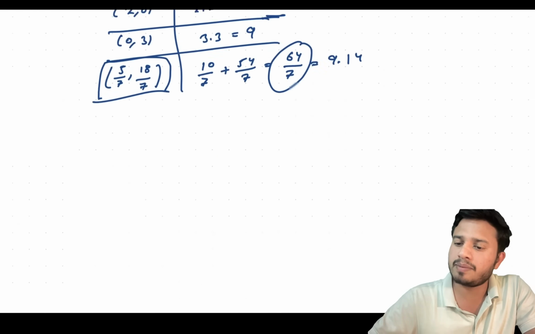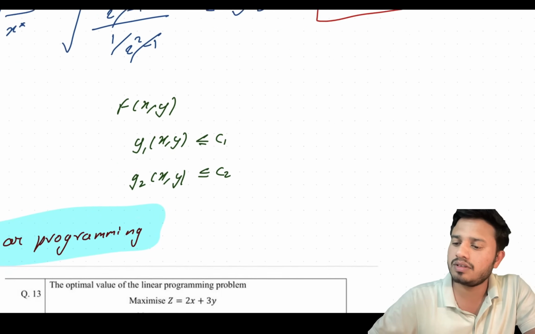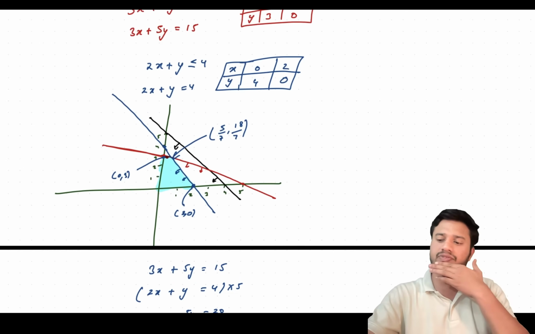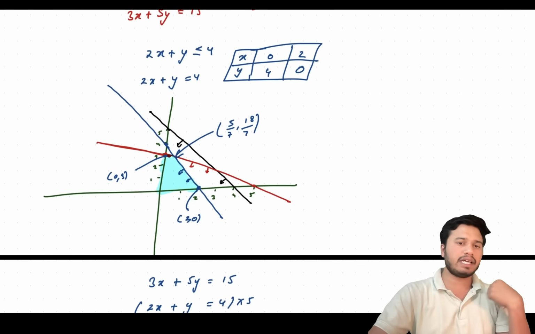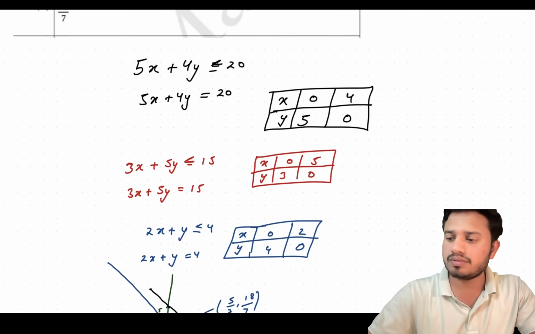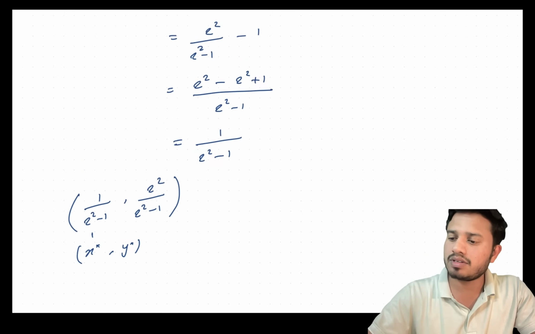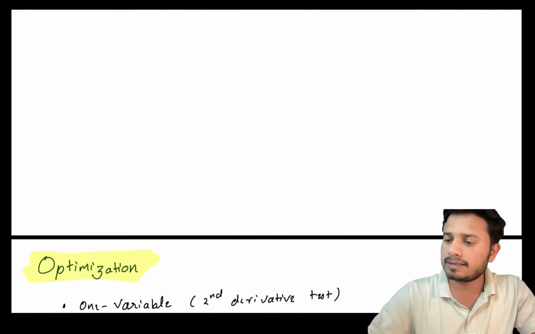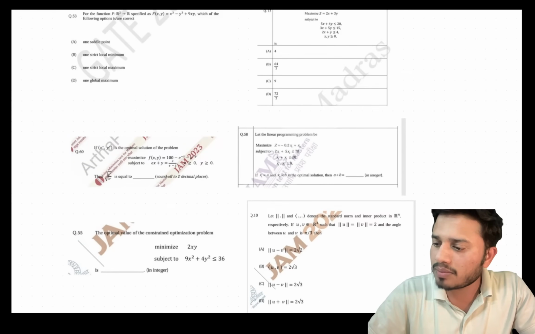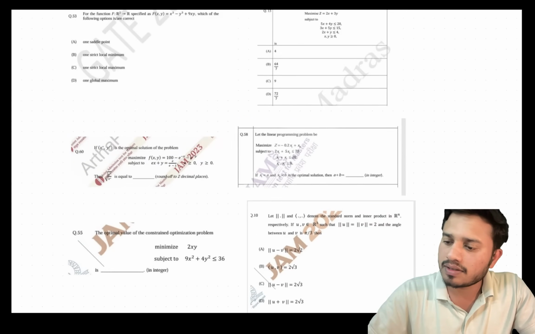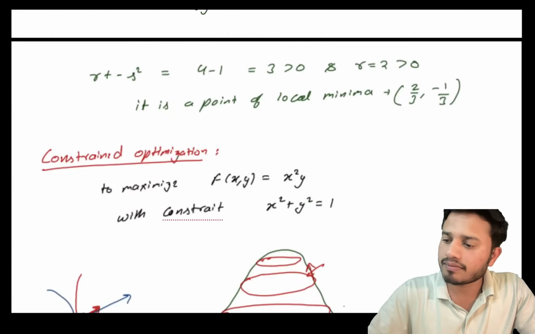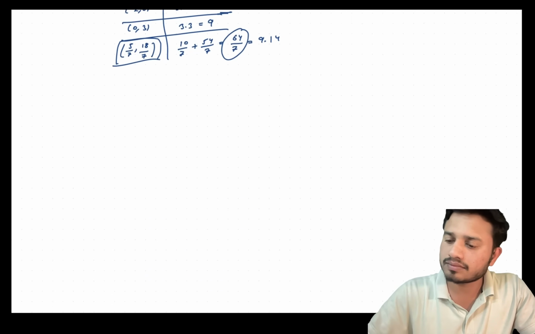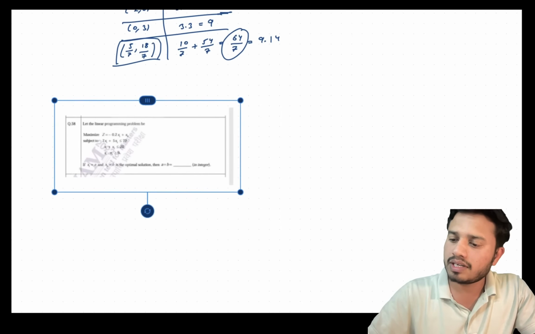How do you do these problems? Just try to find the feasible region, draw the diagram. Then you solve the problem.